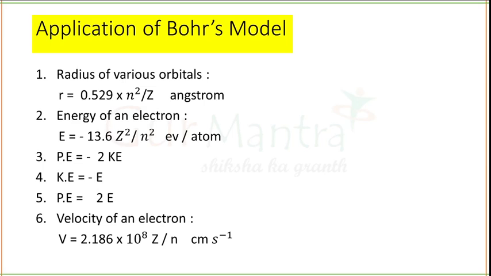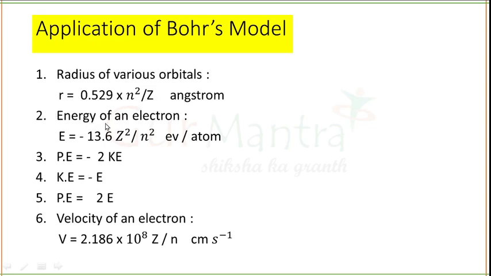The formula is r = 0.529 × n² / Z, where n represents the number of the orbit, and Z represents the atomic number, and this radius must be in the angstrom unit, or you can change this unit into meter, picometer and so on. That totally depends on the requirement of the question.